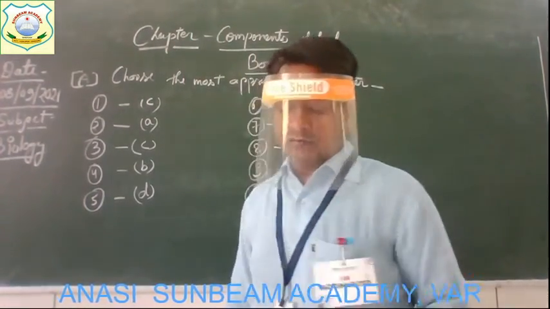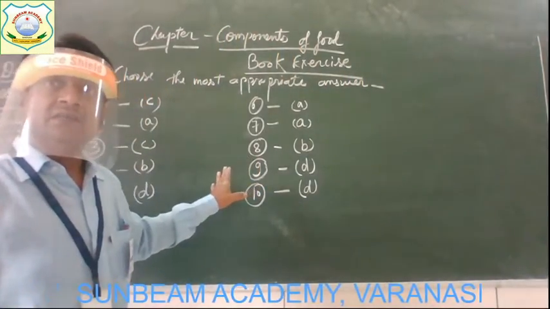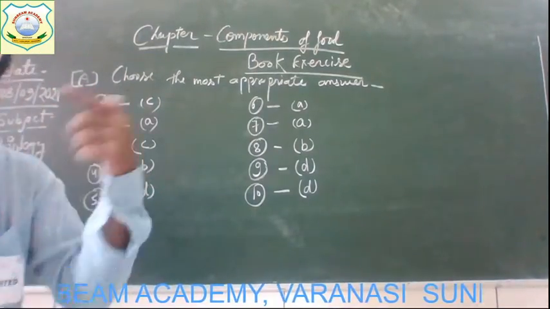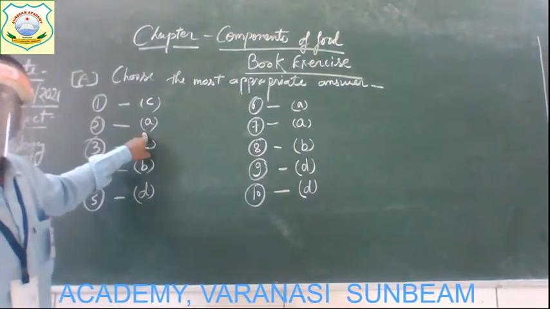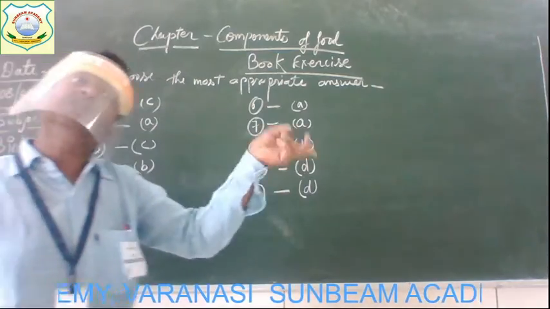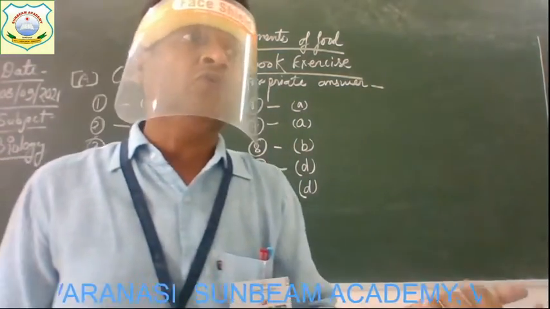All of these. Understood, children? Are all these answers clear to all? You must know the reason also why you are giving the answer C as correct here, why you are giving the answer A as correct here, and why the other options are not correct. It is not needed to write, but it is needed to know.